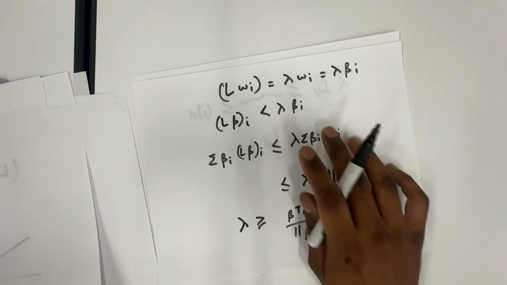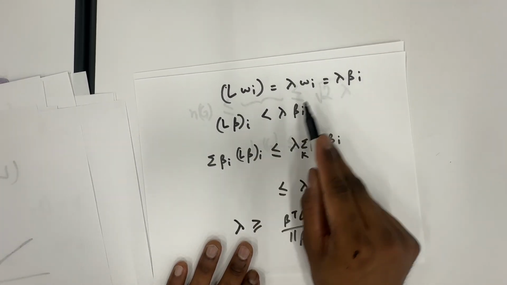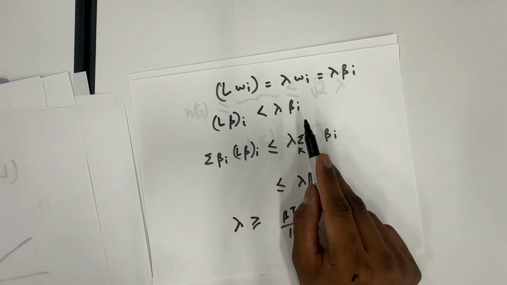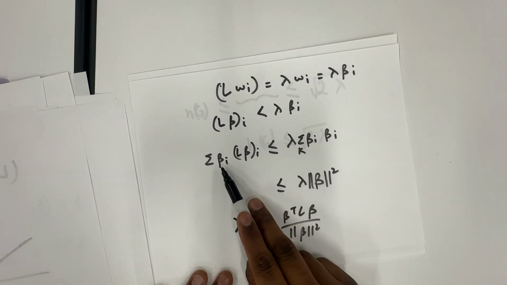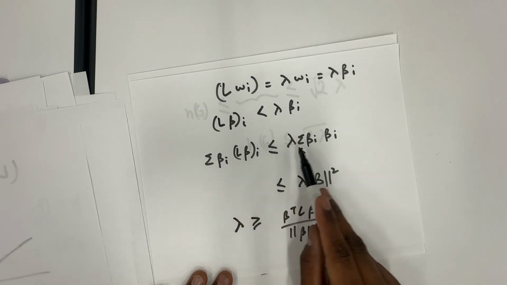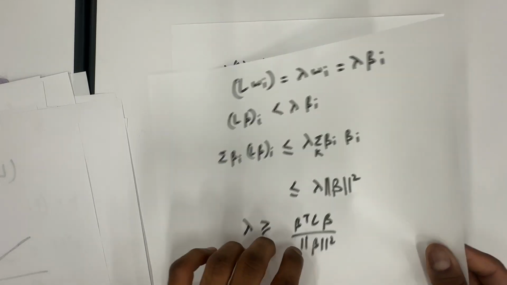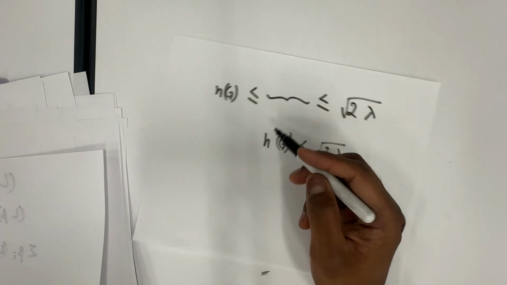So we proved that (L beta)_i is less than lambda beta_i, and therefore this sum, which is beta transpose L beta, is less than lambda beta squared, and therefore lambda is greater than beta transpose L beta. So we had that intermediate quantity.